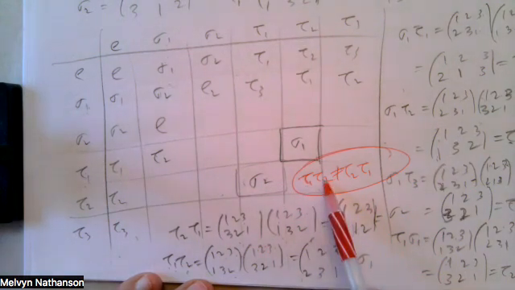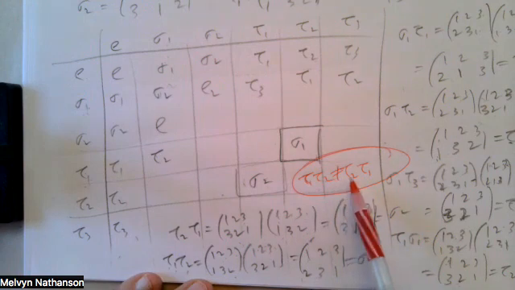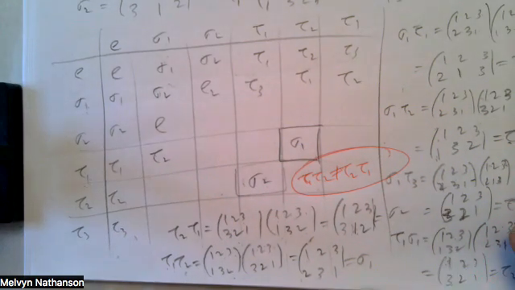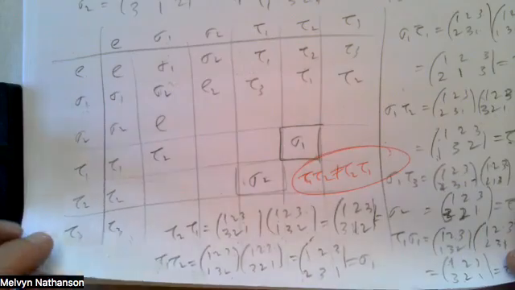Multiplying tau 1 and tau 2 results in a different permutation from multiplying tau 2 and tau 1. Okay. Any questions about this? Okay. Upward and onward.